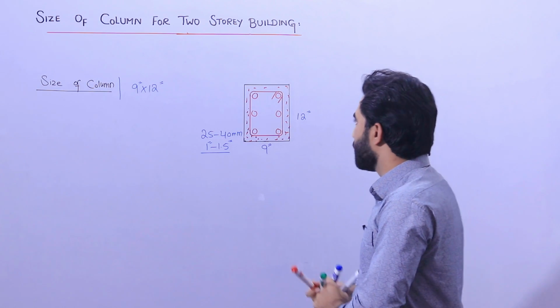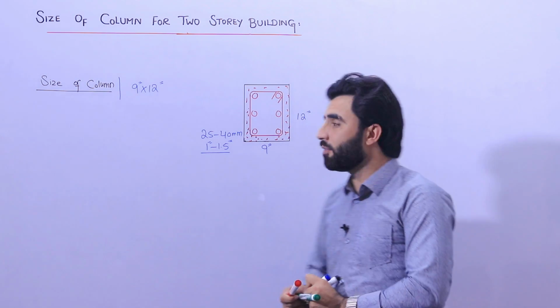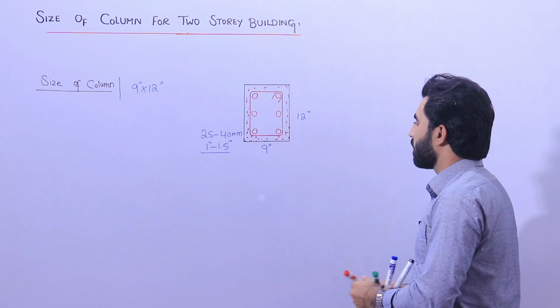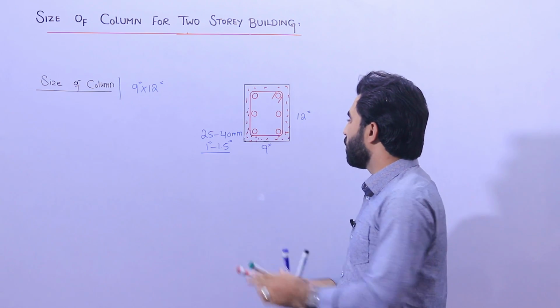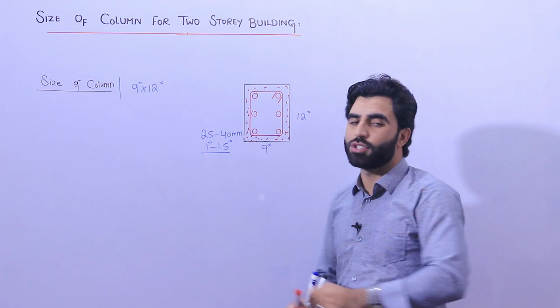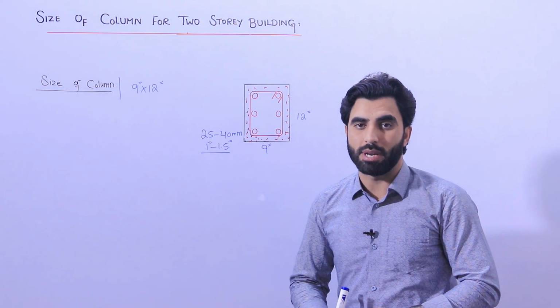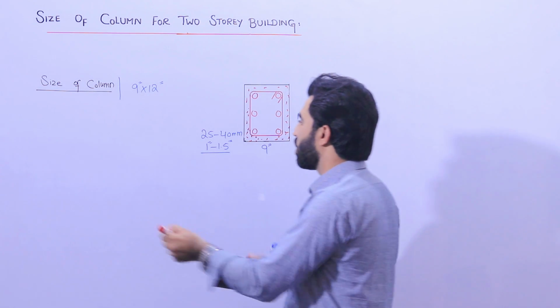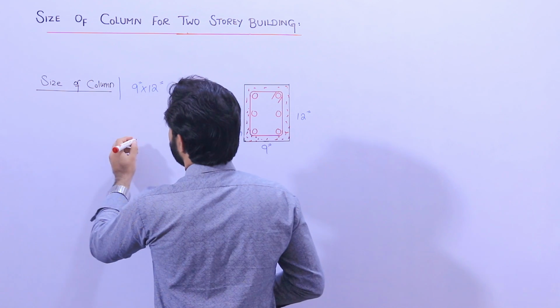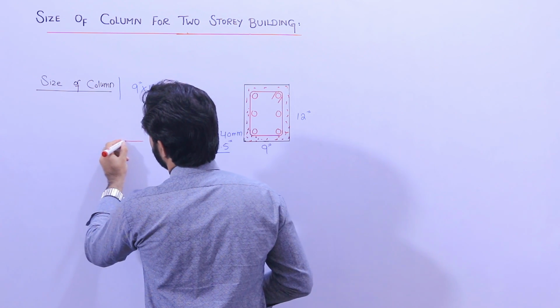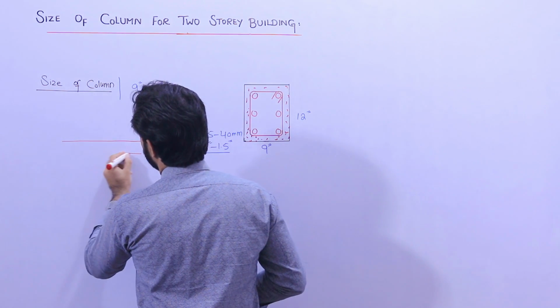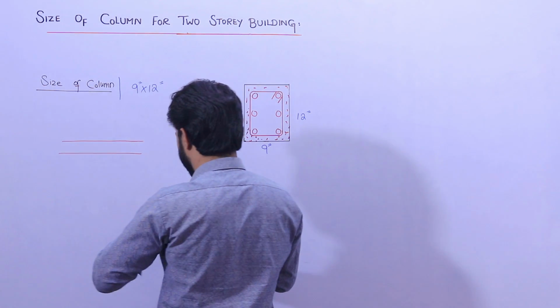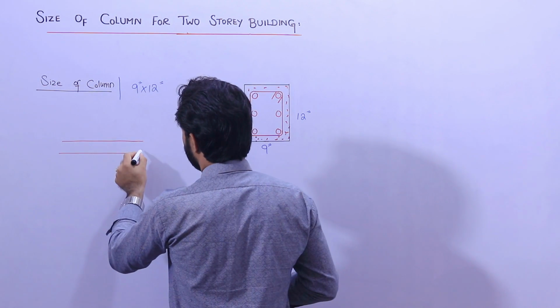Next guys, let me guide you for its steel reinforcement. But first of all, remember one more thing, spacing of column. For this size 9 by 12 inches, the span between two columns should not be more than 16 feet, okay? As you can see guys, this is beam, and this is column.